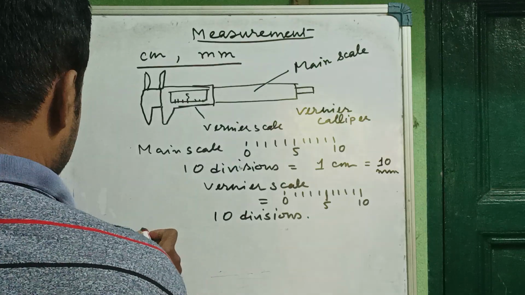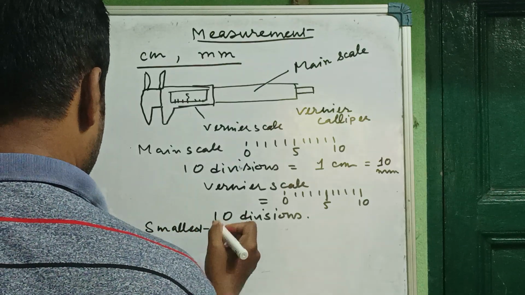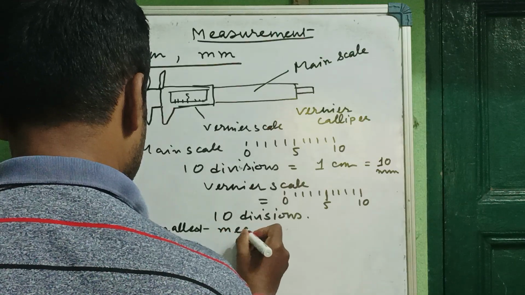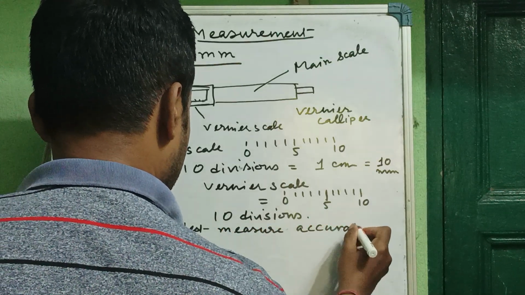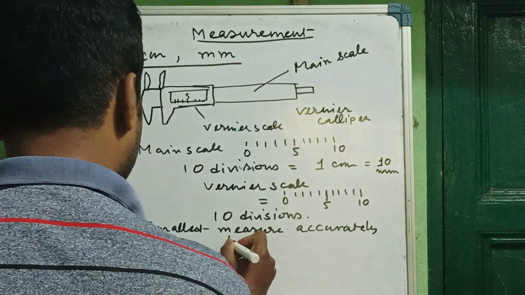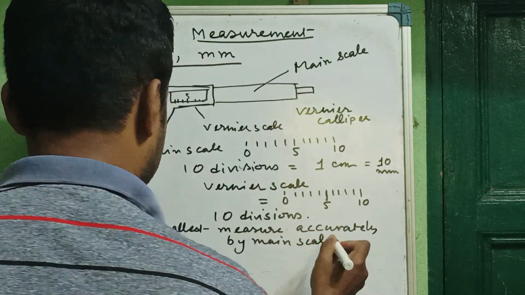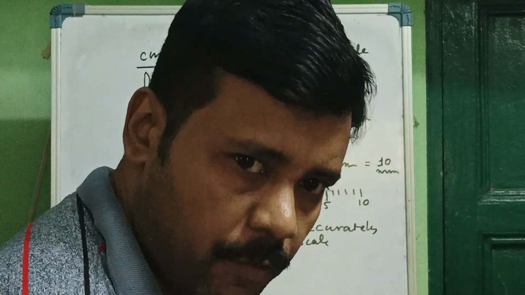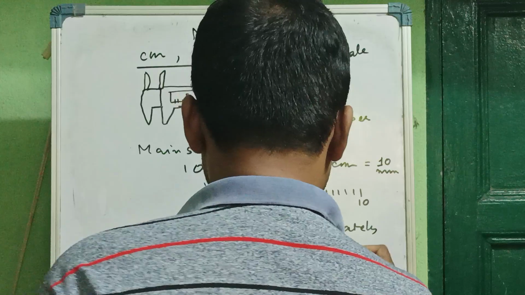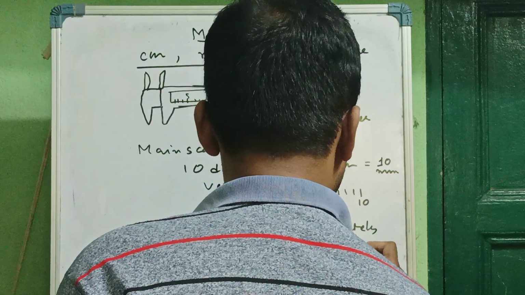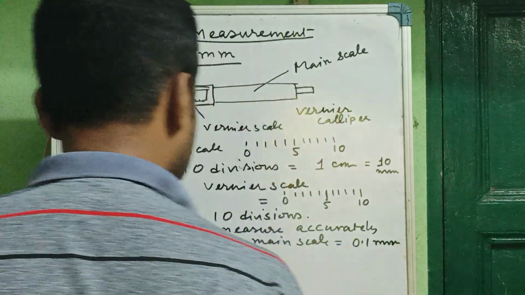So the smallest measurement accurately by the main scale, the scale in our geometry box, is 0.1 millimeter. How is it 0.1?